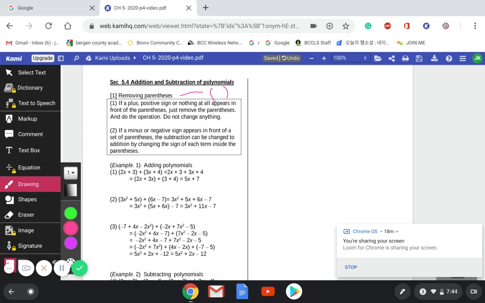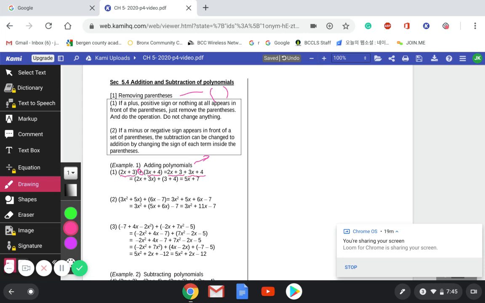Like example 1, addition of a polynomial. If you have an addition between the parentheses, then that's very easy. All you have to do is just remove the parentheses and write it as it is. So (2x plus 3) plus (3x plus 4), you just write 2x plus 3 plus 3x plus 4.